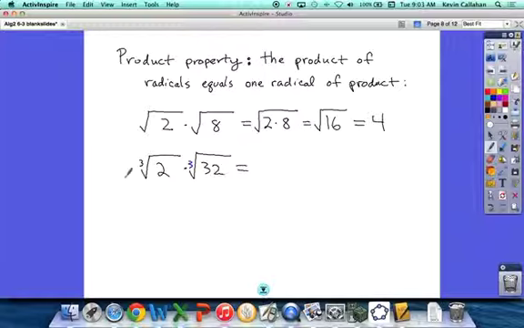The third root of 2 times 32, which is the third root of 64, which we've actually done a few times today, so we know that's a 4. So multiplying radicals, you just throw everything together, simplify like we've already simplified. Multiply and simplify.